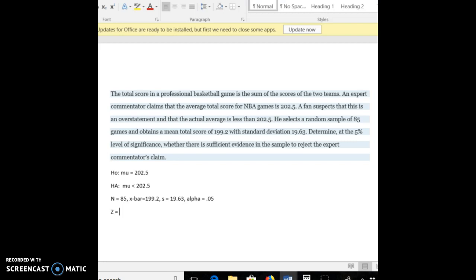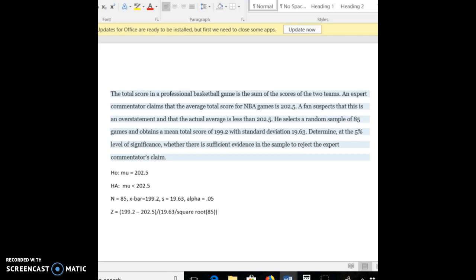All right, so let's set up our z-score. We're going to have 199.2, our x bar, minus the 202.5 that we get from our null hypothesis, and then divided by the standard deviation of 19.63 divided by the square root of our sample size, 85.